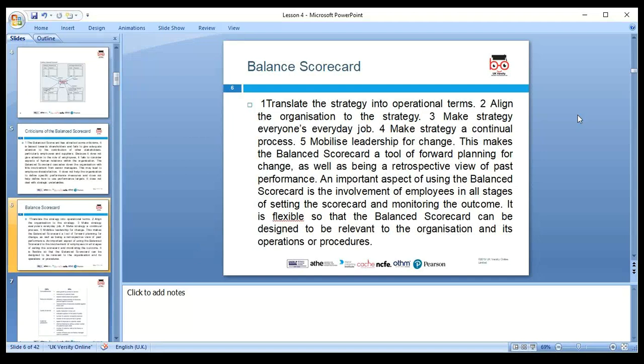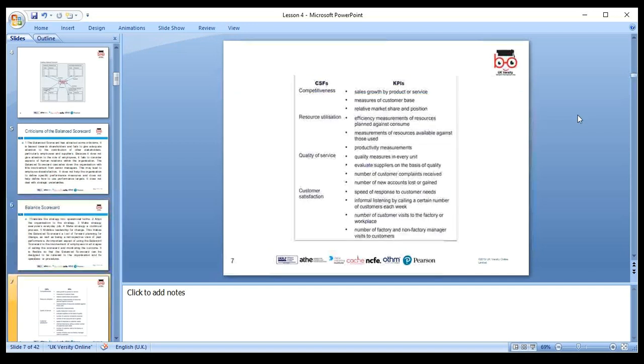It is an important aspect of the balanced scorecard to involve the employees in all stages of setting the scorecard and monitoring the outcome. It is flexible, so the balanced scorecard can be designed to be relevant to the organization and its operations.